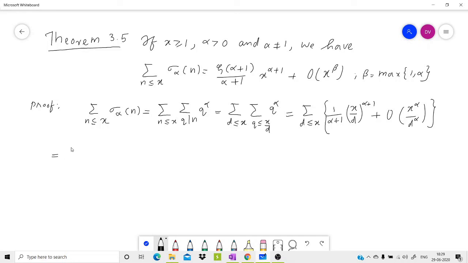That is equal to summation d less than or equal to x, and this summation can be distributed to this.